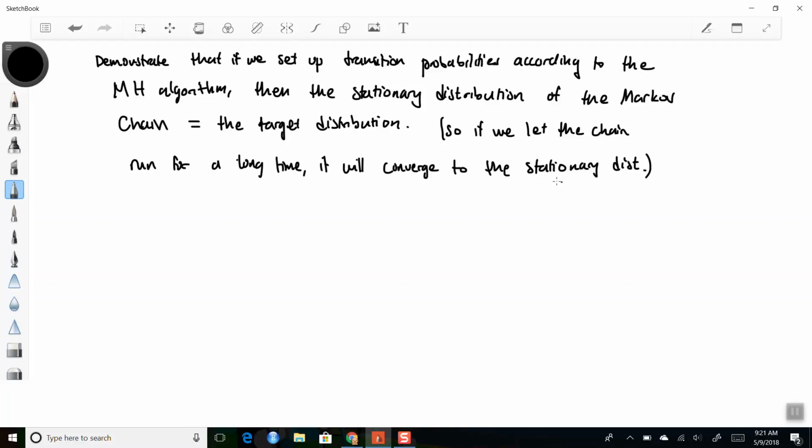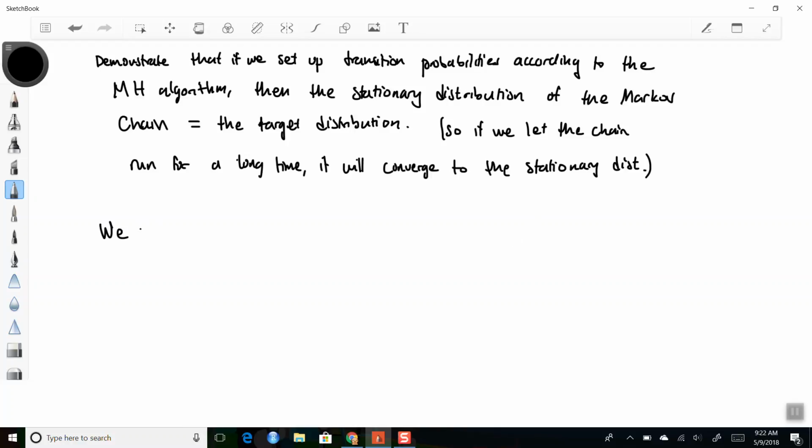This is more a result of ergodic theory that says if it's aperiodic and irreducible and so on, this happens. Okay, so basically we need to show that the detailed balance condition is satisfied by the Metropolis-Hastings algorithm, okay? So that if we set up our transition probabilities this way, it will satisfy the detailed balance condition, okay?